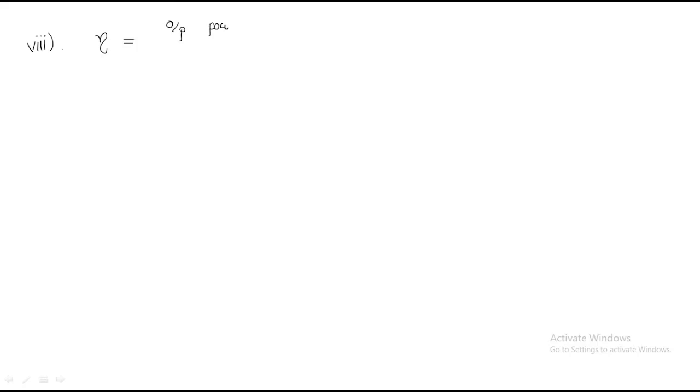The output power of the rectifier is the DC power, and the input power of the rectifier is the AC power, multiplied by 100. By doing the calculation you get the value 40.8%. This number is important from the exam point of view.